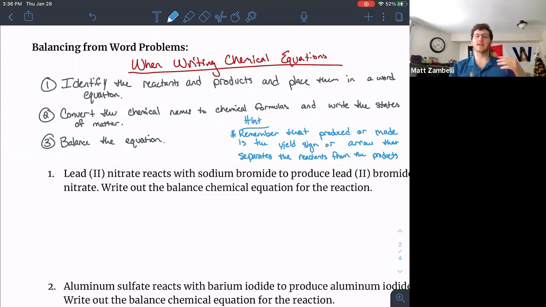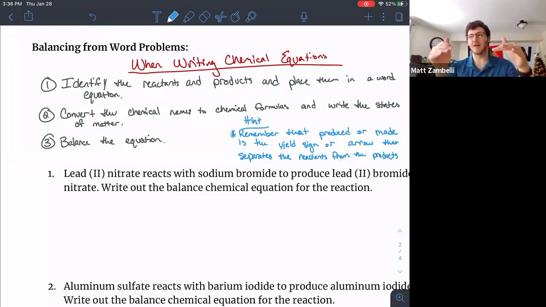For now, we're just going to write down the states of matter next to it. But in the future, we're using it to identify if the reaction is going to happen. So when we start predicting the products, we'll use that to determine, does this reaction occur or does it not occur?